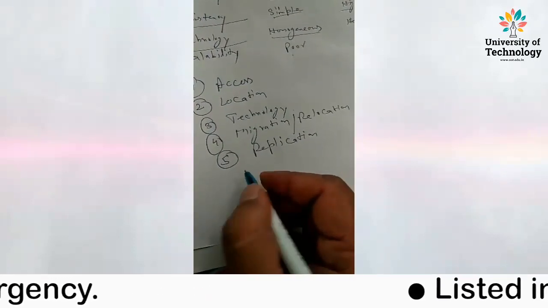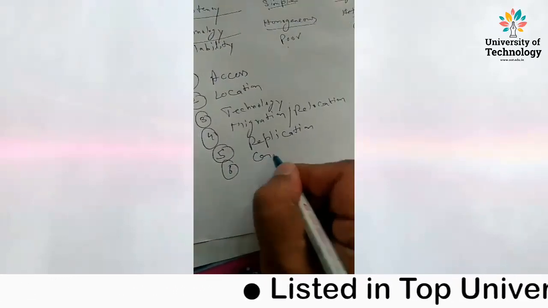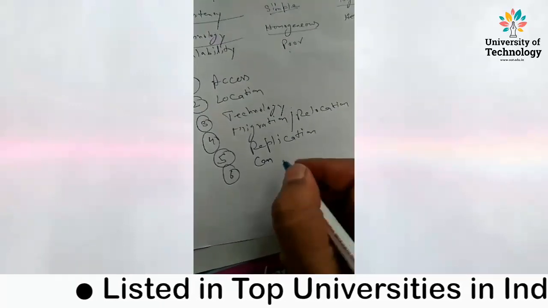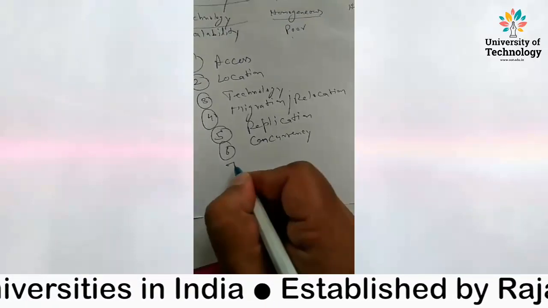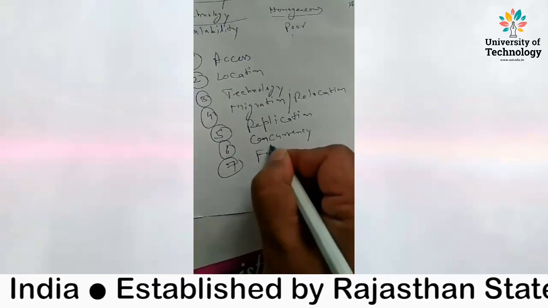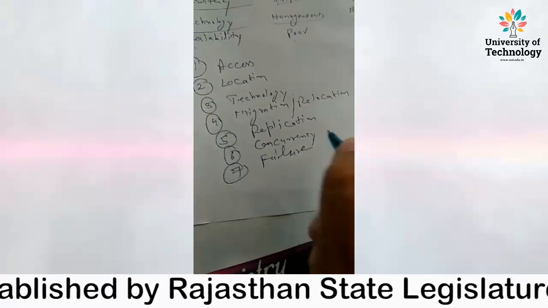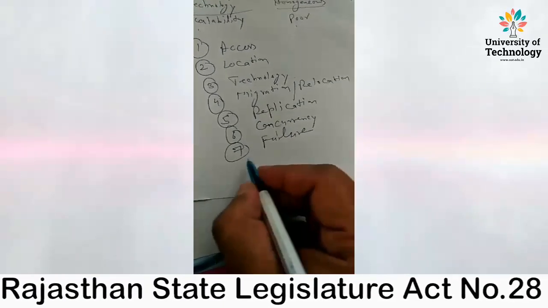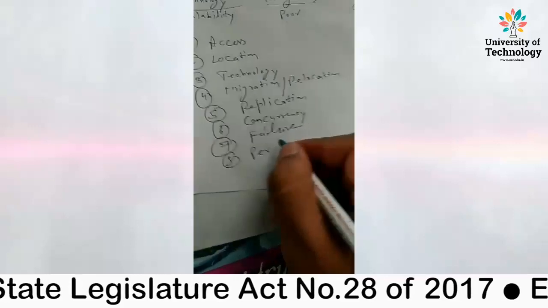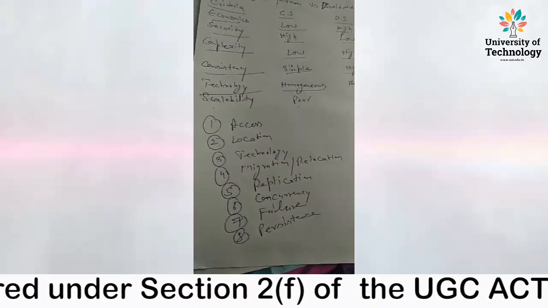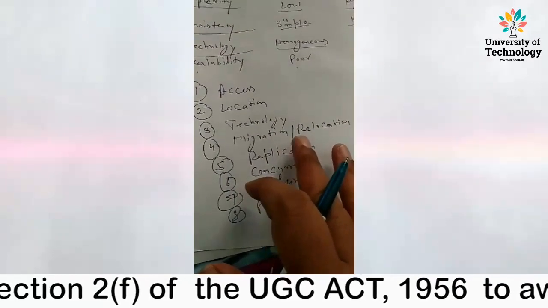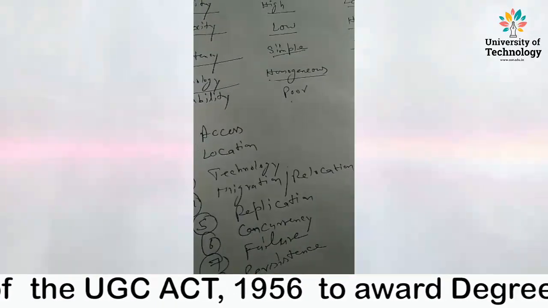Sixth, concurrency. Seventh, failure. And eighth, persistence. So these are the transparencies.